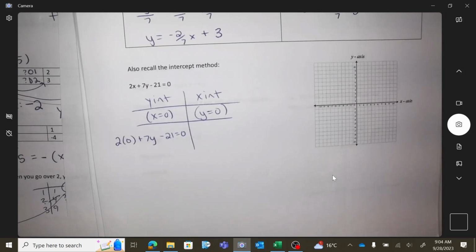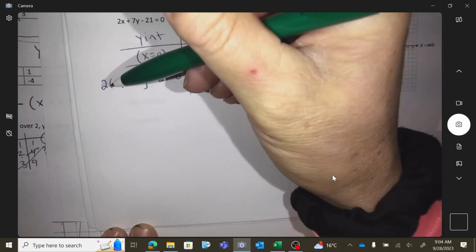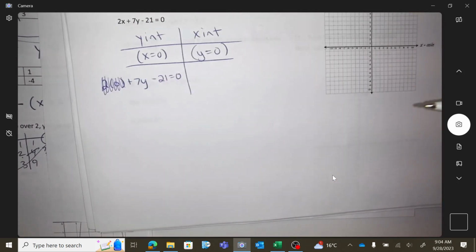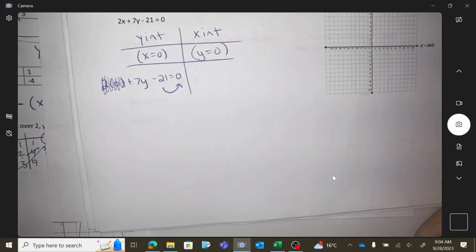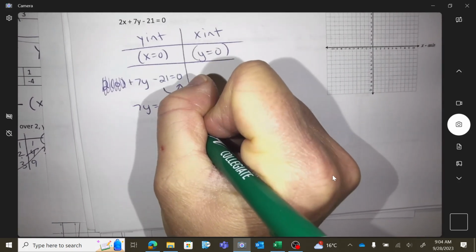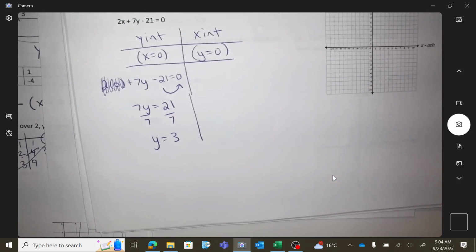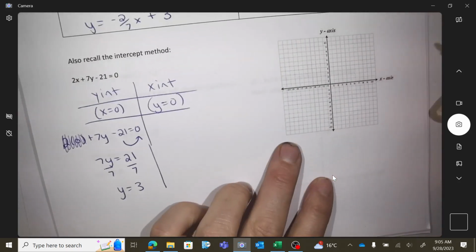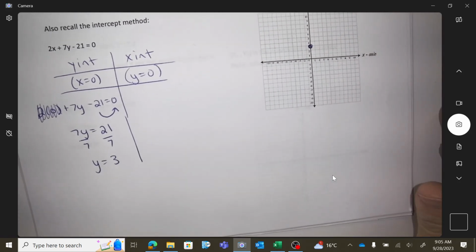What would happen? Would you be okay if I just scratch that off of there? Algebra stuff means add the 21, divide. We have a y-intercept of 3. So all three methods have shown us that your y-intercept is 3.